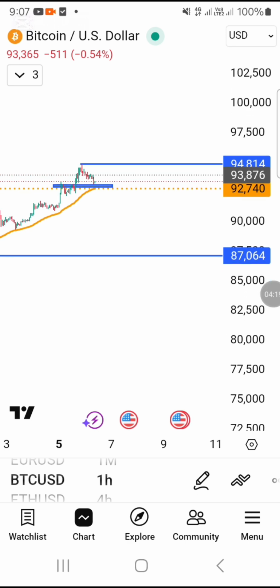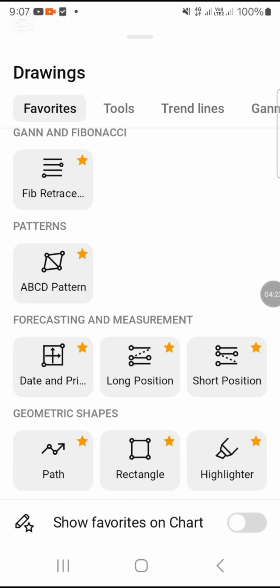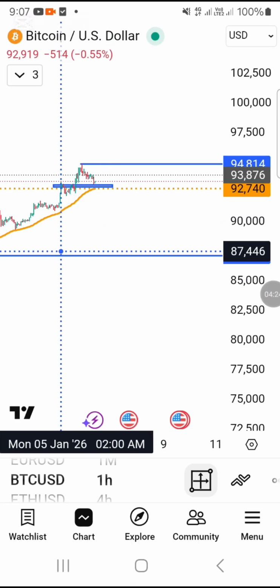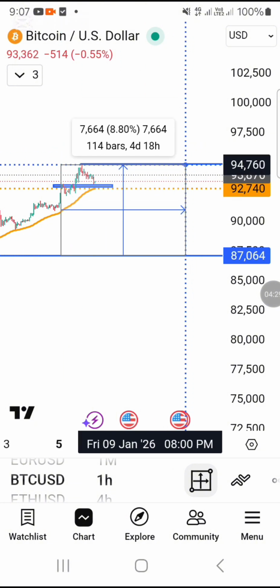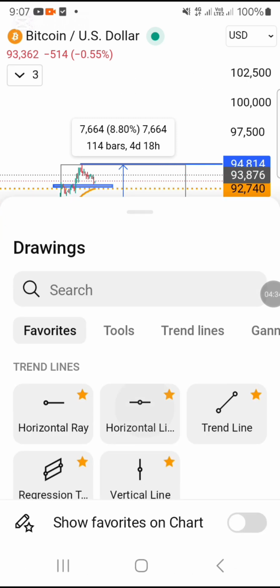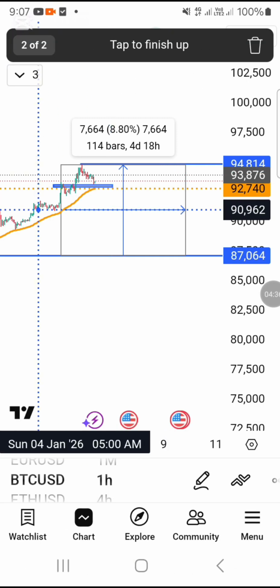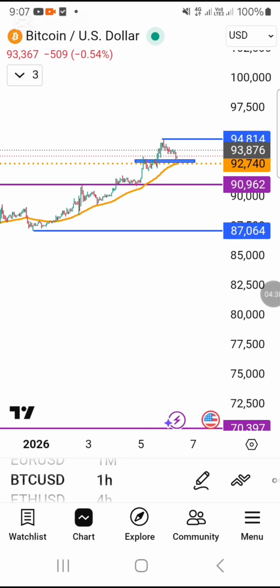Now after marking premium and then discount, what next? We mark the distance between the premium and the discount. I call it the difference. Now I'll mark the difference, which gives me the pivot point between the premium and the discount, right?